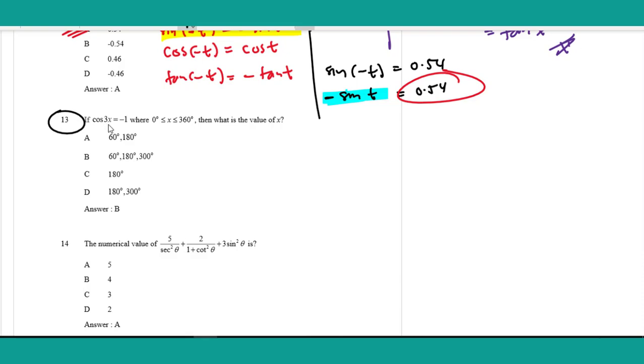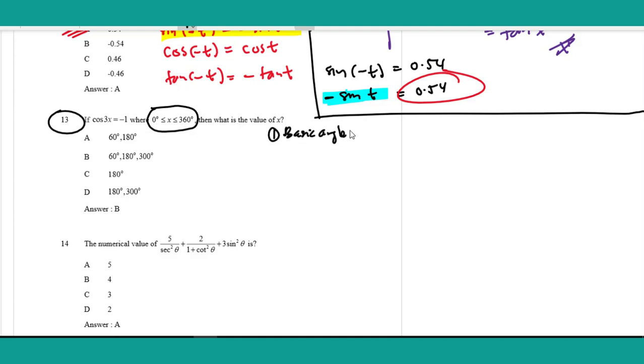Okay. Number 13. Cos 3x equals 1, and x lies between this range. Then what is the value of x? First step, check the basic angle.